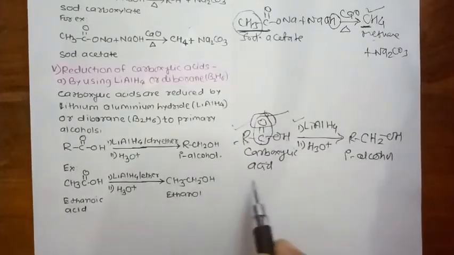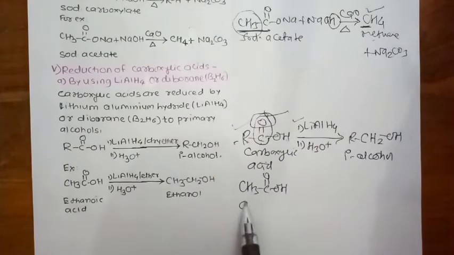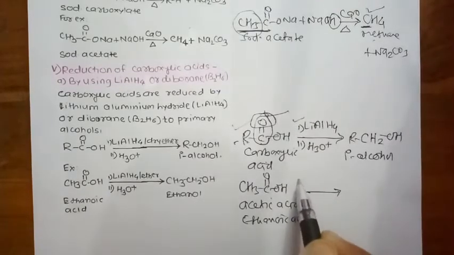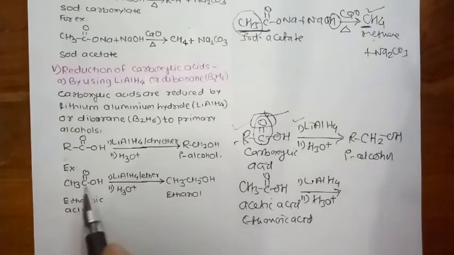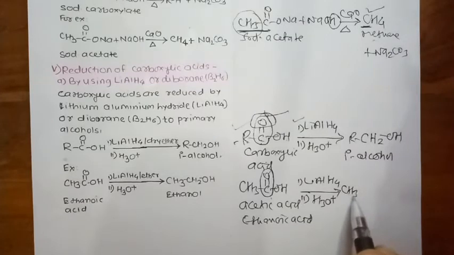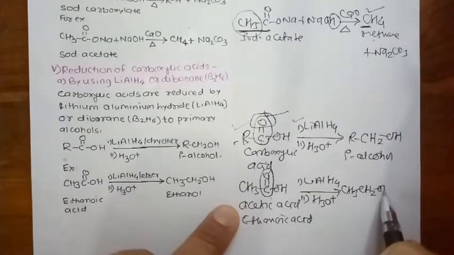Now for example, suppose we have taken CH3C double bond OH. It is acetic acid, that is the common name, and ethanoic acid, that is the IUPAC name. This ethanoic acid on reduction by using LiAlH4 followed by acid hydrolysis gives, again, this C double bond O group is converted into CH2 group, CH3CH2OH.